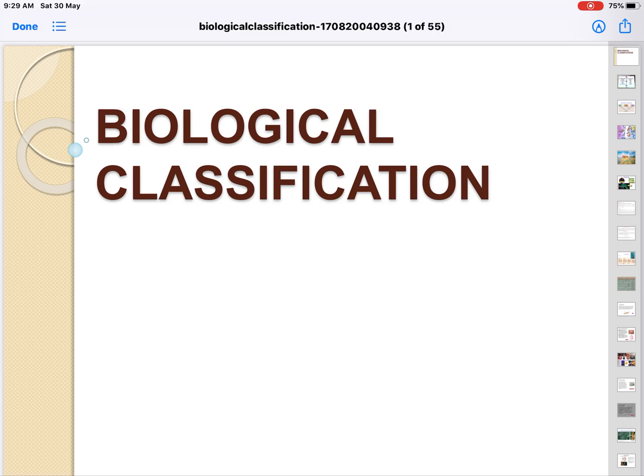In this chapter, the learning objectives that I am expecting from all of you is that at the end of the session, you are able to define biological classification, methanogens, halophiles, thermoacetophiles, gram positive, gram negative bacteria, plasmids, episomes, etc. You are able to understand classification of kingdom Monera.